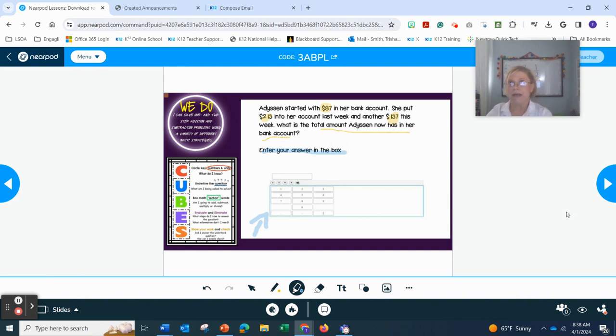When we think about money, it is groups of dollars, groups of tens, but they're not equal. Do we know the total amount? Not yet. So we're going to add, because we want to know that total amount. We're going to add them together.